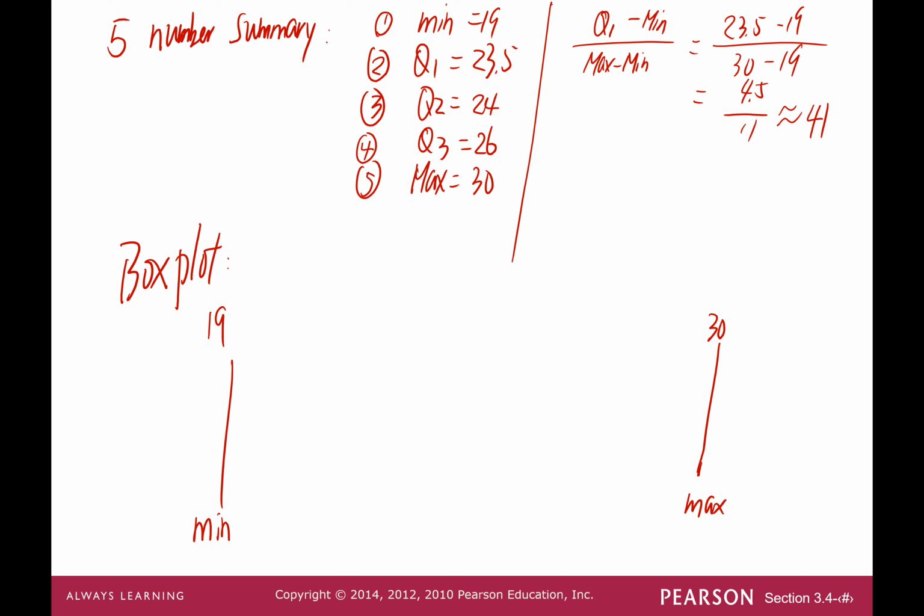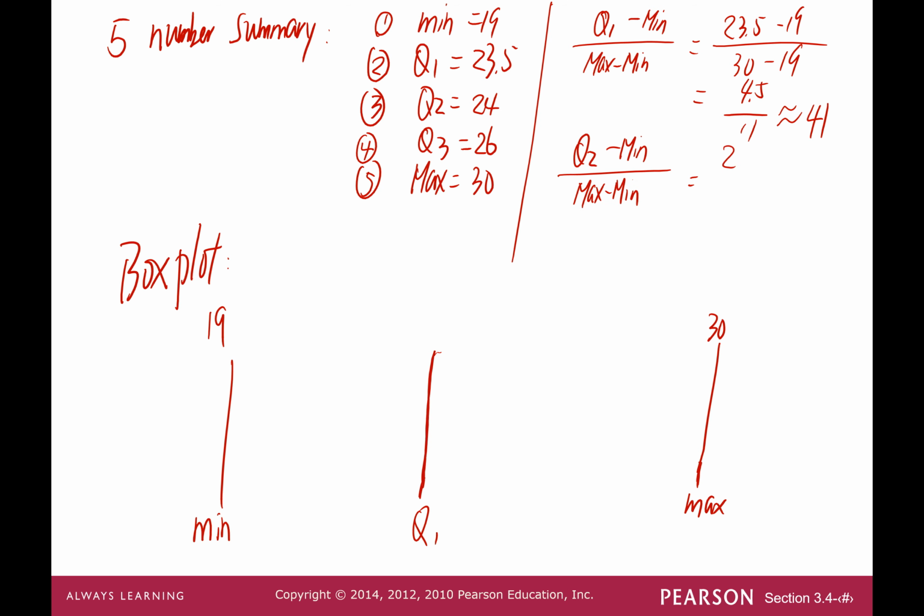So again, if you draw it by hand, you can get a perfect graph here. So it should be somewhere around here, 41%. So you draw a box, draw a line here representing quartile 1. Okay, 40% approximately. Now similarly, you divide quartile 2 minus minimum over maximum minus minimum.